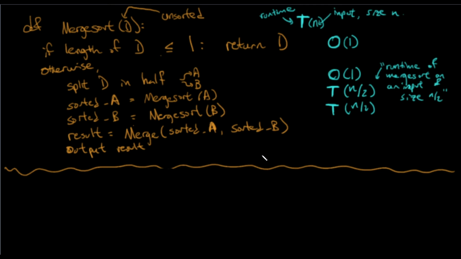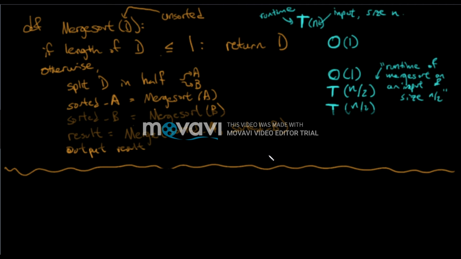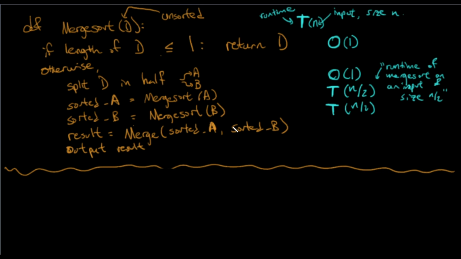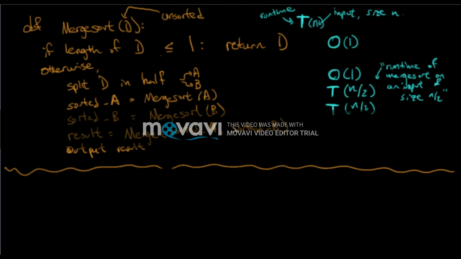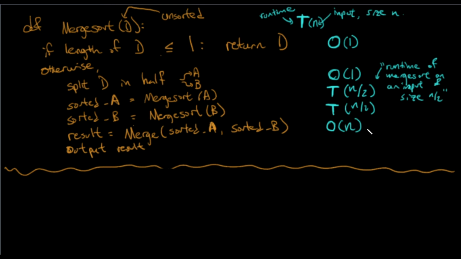Given that the two arrays that we've passed in here, sorted A and sorted B, are of size n over 2, if D is size n, then iterating through both will give us the equivalent of iterating through all elements in the original array D. We'll iterate through the first n over 2, and then the second n over 2 in array B. So this overall is going to be O of n.